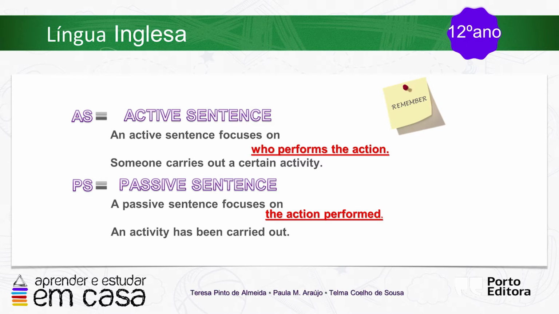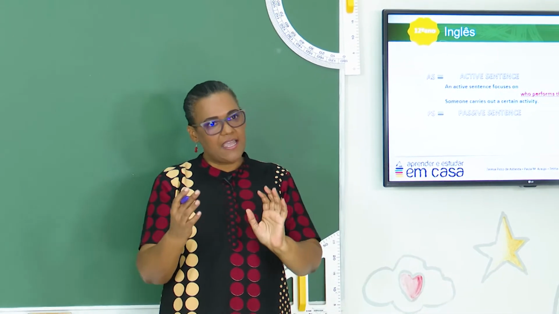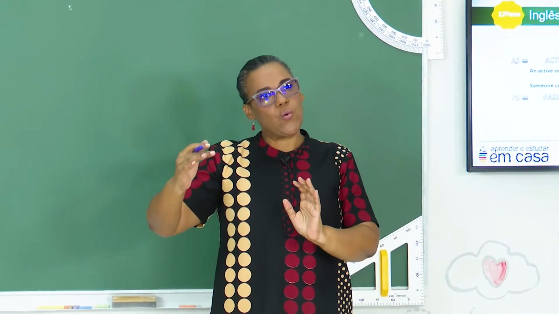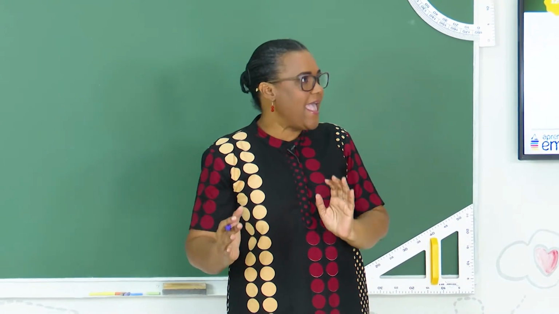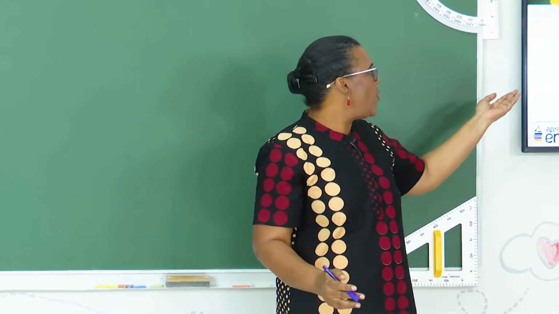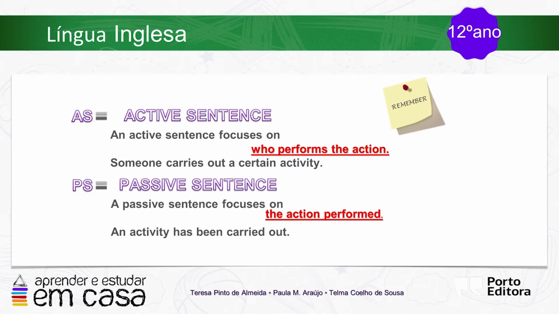When a sentence is in active voice, what is important is the person who does the action. Active focuses on who does the action, and in passive voice, what is important is the action itself, not the person. The person is not important.